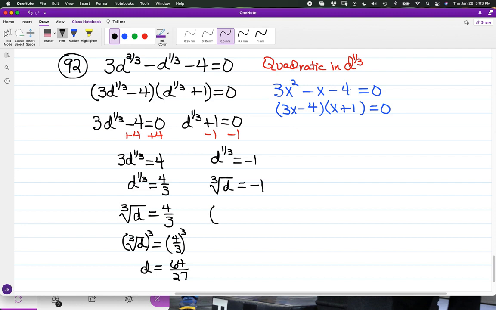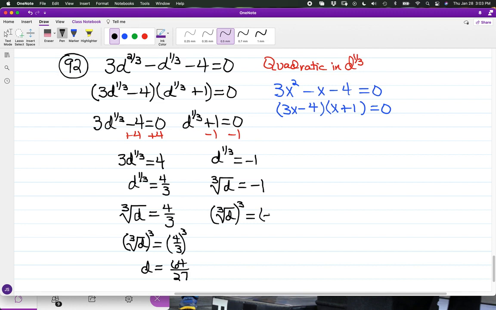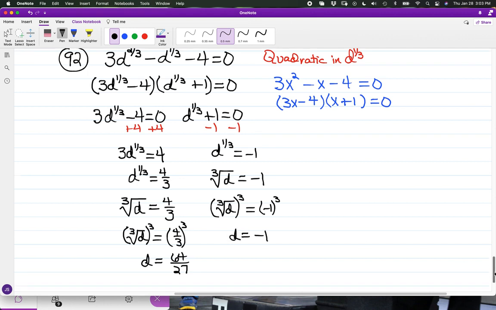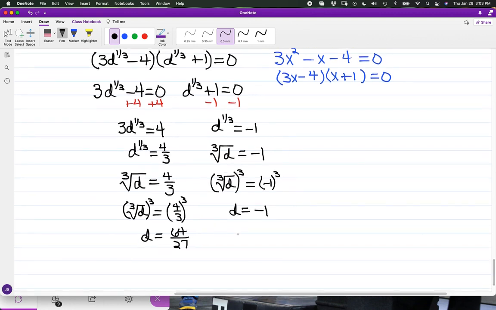So I can continue, and upon cubing both sides, we're going to have that d is equal to -1. So for this particular equation, there'll be two solutions, one at positive 64/27 and the other at -1.